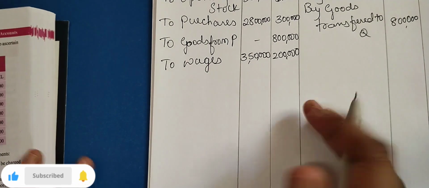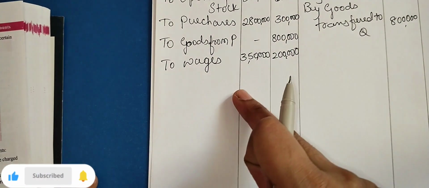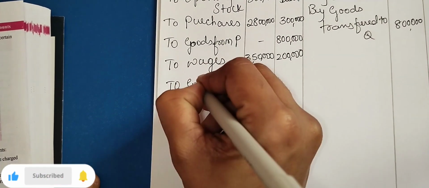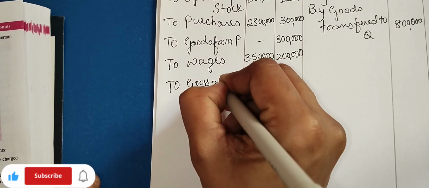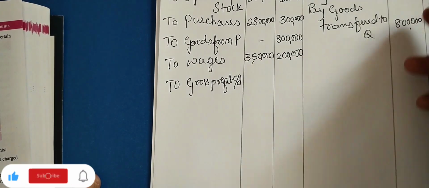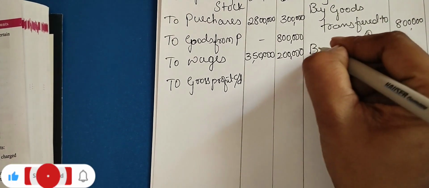Now let us calculate the gross profit or gross loss. By seeing we can understand it is gross profit. To gross profit carried down. 30 plus 8, 38. Closing stock is there.